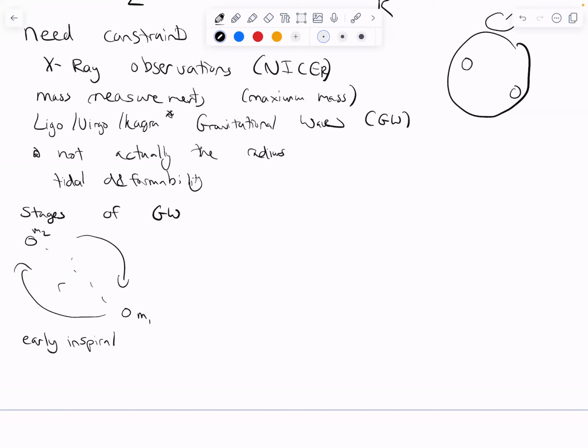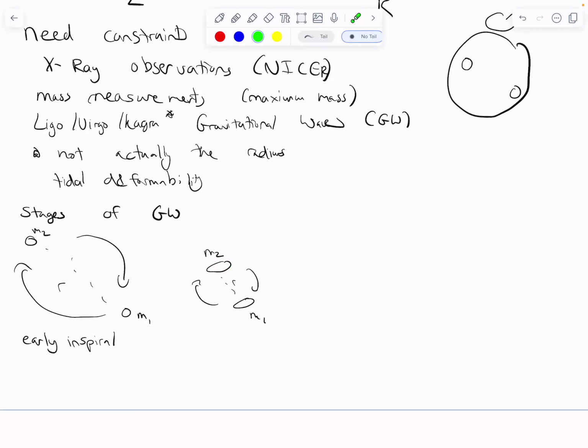Now, once they start getting closer to each other, they actually feel their gravitational pull, 2 and 1. And you can see that they start to get deformed. And that's from the gravitational pull of each other.